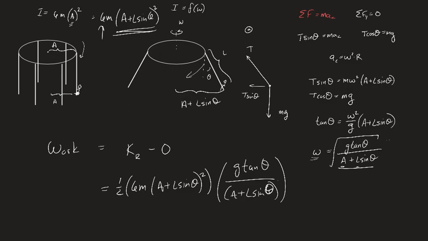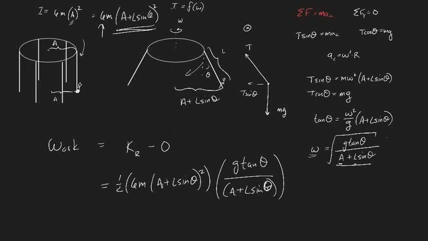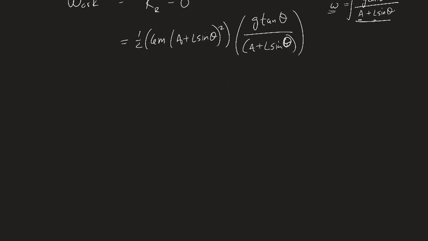That's the kinetic energy. Now, some of this cancels out. Work done, sorry. Some of this cancels out, so I can do 1/2 of 6 is 3m, get rid of one of those and all of that, and I'll get 3m times A plus L sine theta times G tangent theta. And that's the work done.